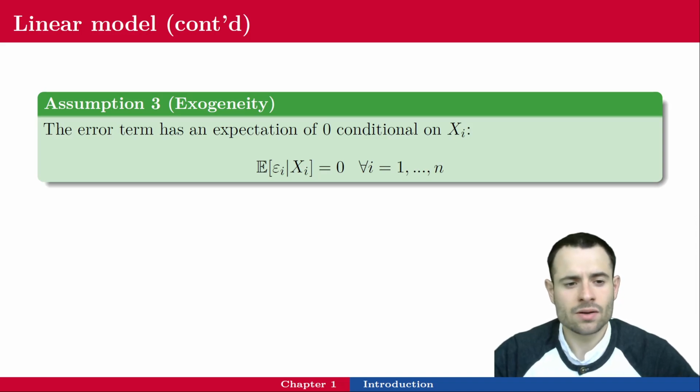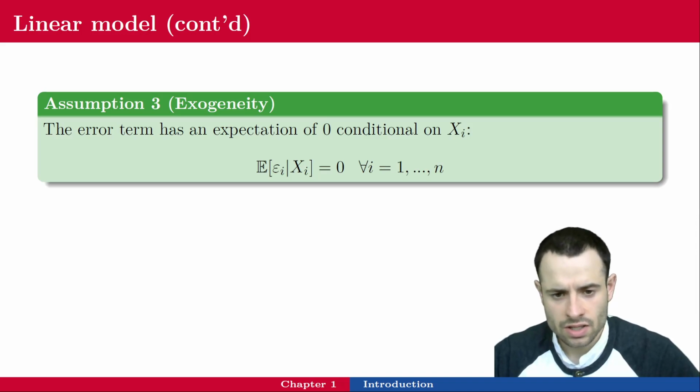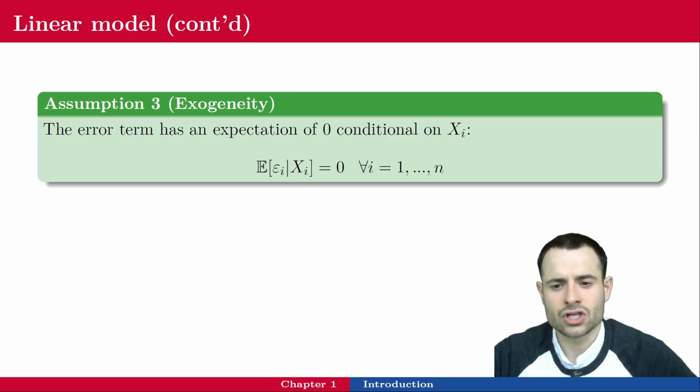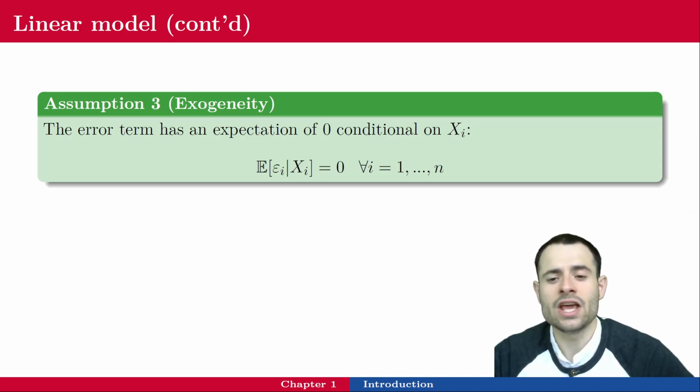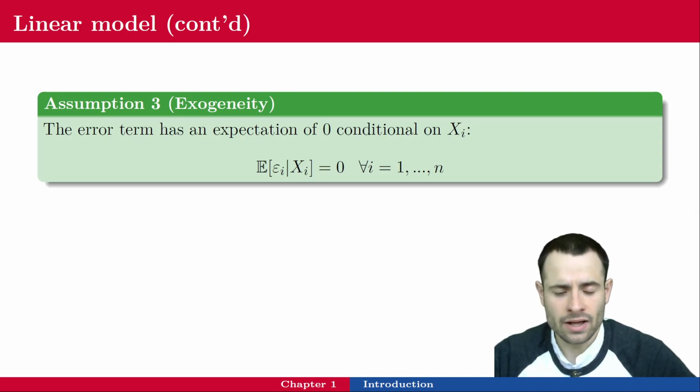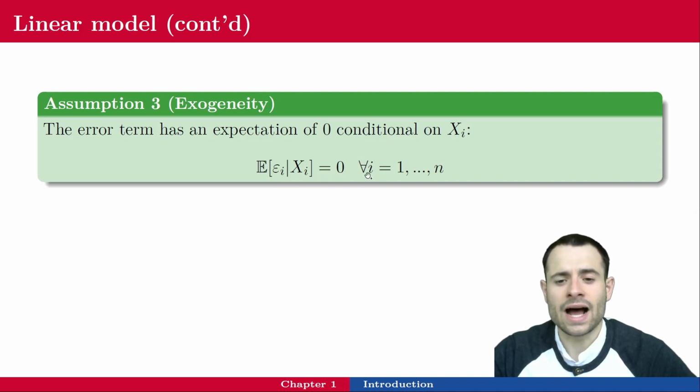Assumption 3 is something I talked about, but here is the technical definition. The error term epsilon has an expectation of 0 conditional on xi, so I need to use a conditional expectation. Expectation of epsilon given xi is equal to 0 for any i.